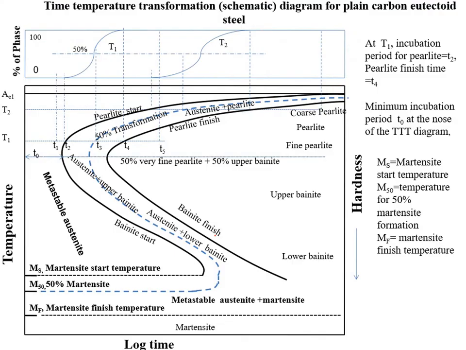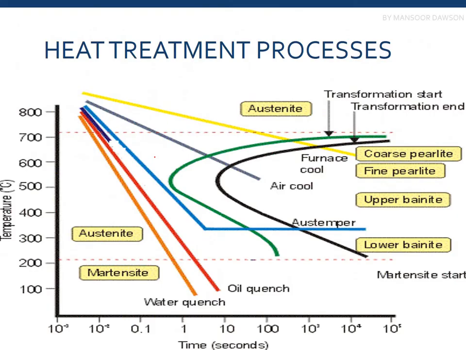All right. So this is the same diagram as we discussed earlier. This is a summary of the heat treatment processes. If you want to have a pearlitic structure, or a coarse or fine pearlitic structure, what you'll do is heat your material and cool it down. You'll be choosing your transformation temperatures.